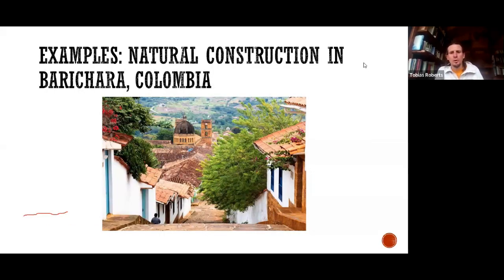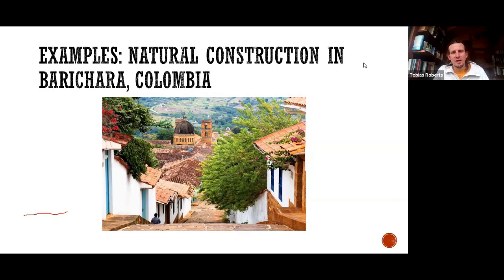I'm going to end with two quick examples also of appropriate technology. This is a community in Colombia called Barichara. And if you notice Barichara, one of the things that's interesting is that every house in the entire village is made from adobe or natural construction materials, soil, essentially, dirt that can be found anywhere around.